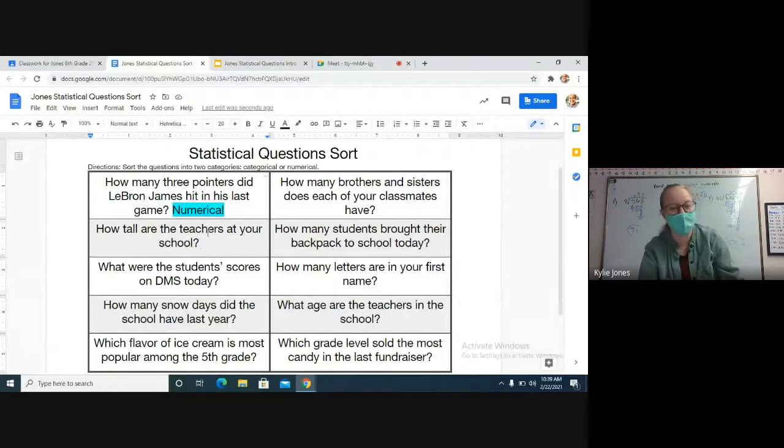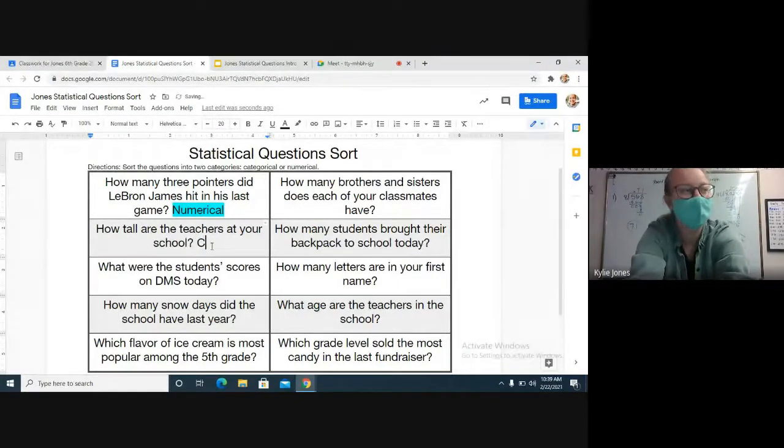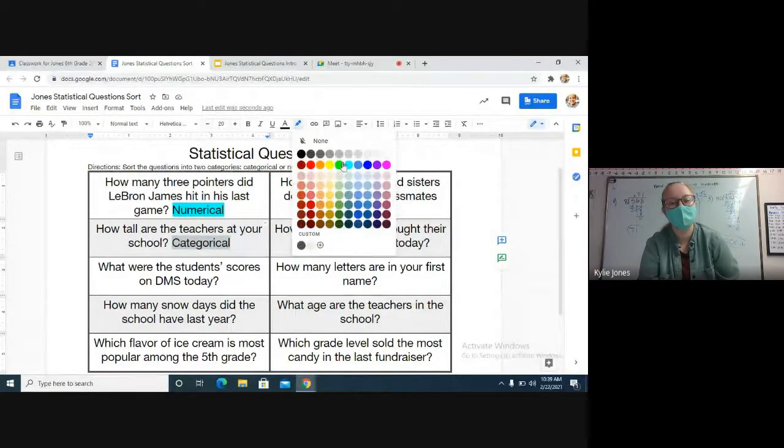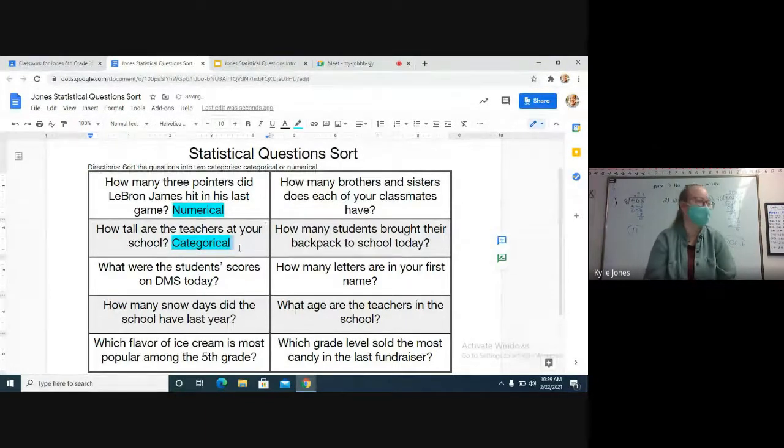So this one could kind of go both ways, but this would be more categorical because you're going to put the teachers in categories of how tall they are. Which I know is slightly confusing because technically your height is a number. But you're still doing categorical.